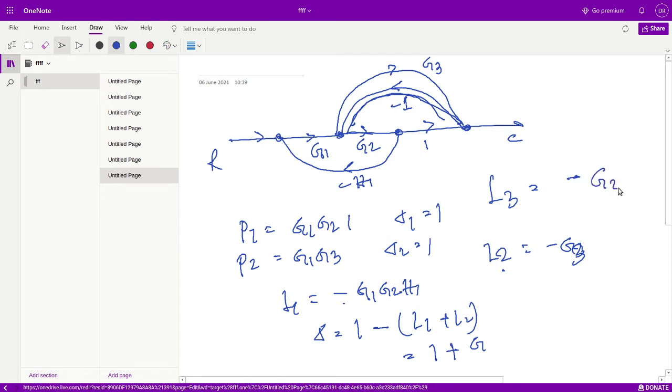That equals minus G2. Okay, starting from here, here and here. So that's why G2 is considered here. And for G3 there is a consideration of the G1 G2 forward path, one G1 G2 for this loop.